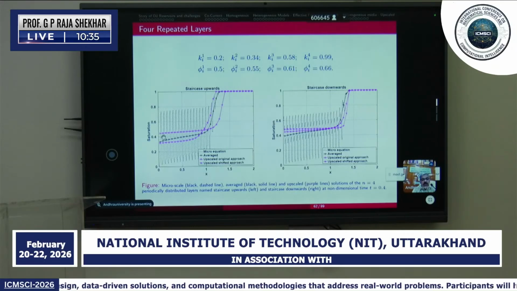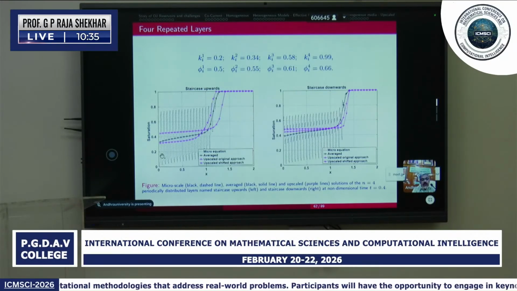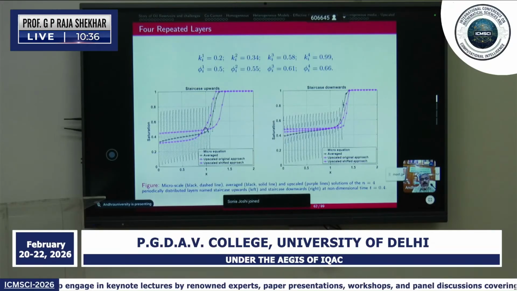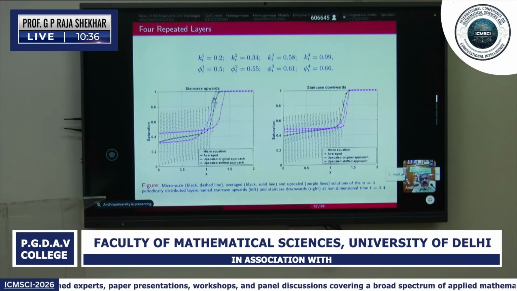Okay, staircase upwards. You can see the upscaled original approach, and this is the upscaled shifted approach. The shifted approach is underperforming until close to the middle of the length of the reservoir. Then later on, it is going sharply.